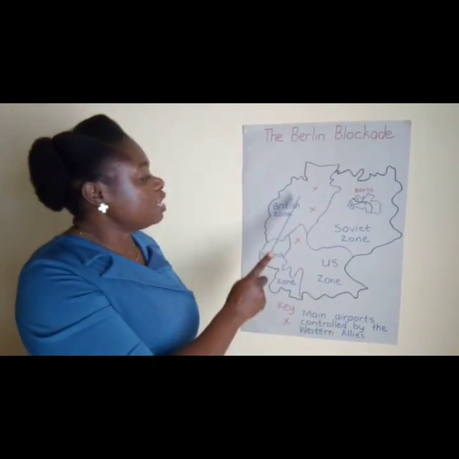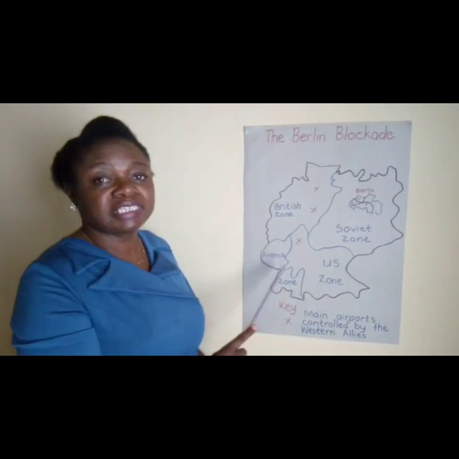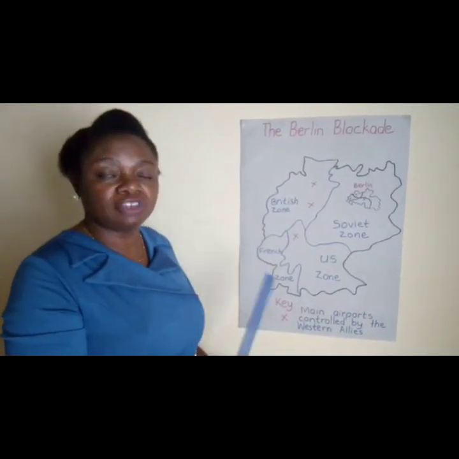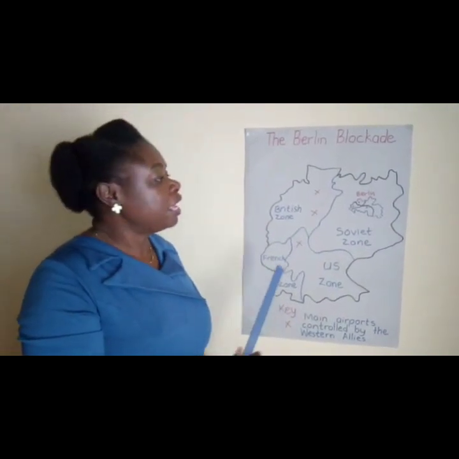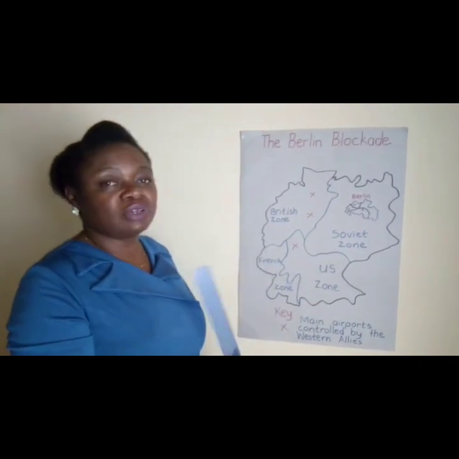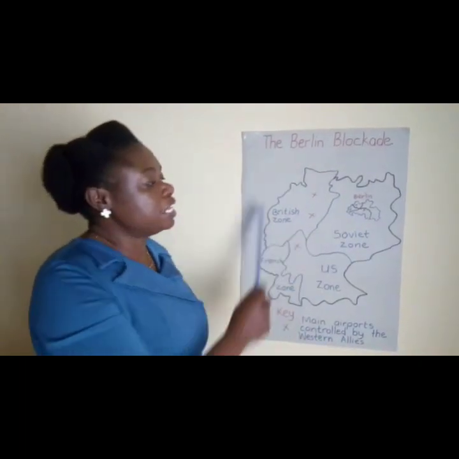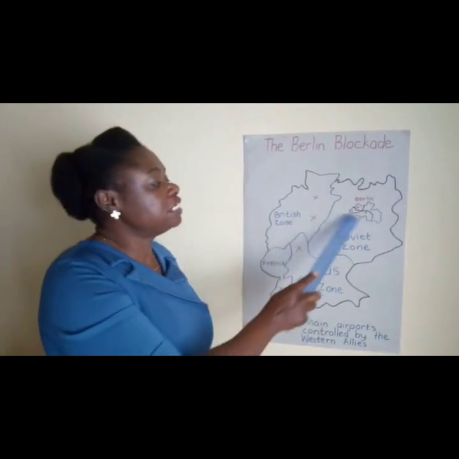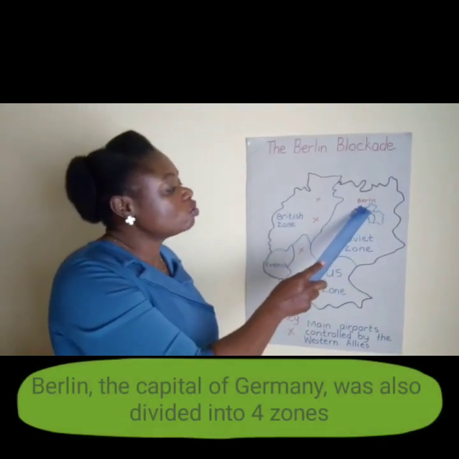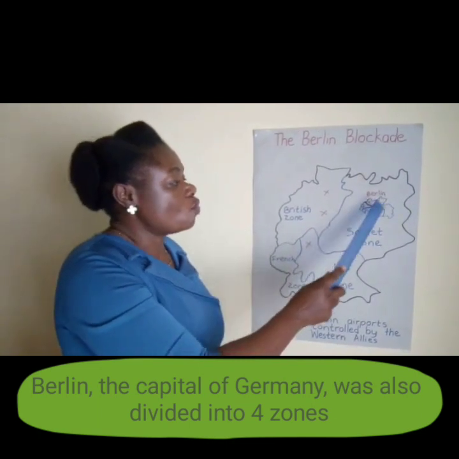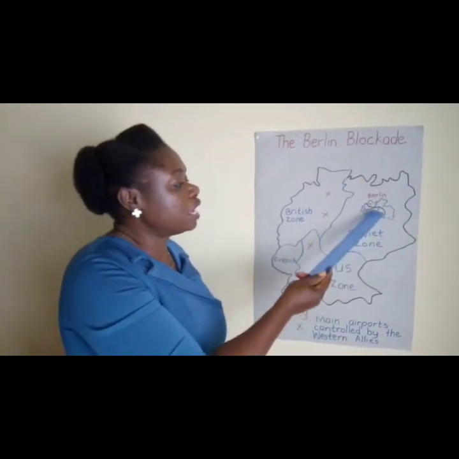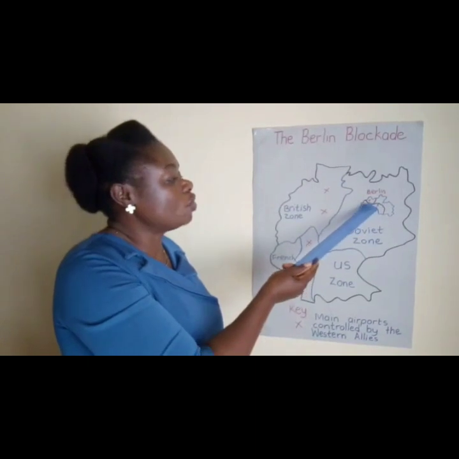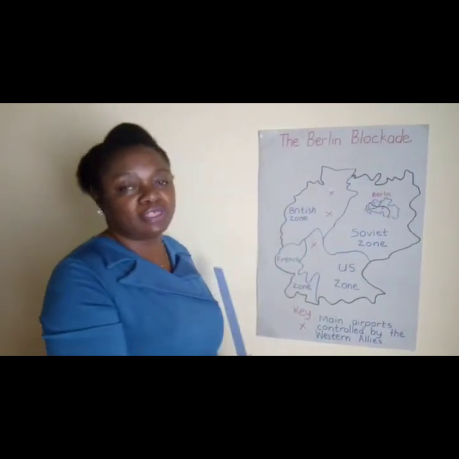Now, the capitalist powers started to develop their part of Germany. And remember, after the Second World War, not only Germany was divided into 4, but its capital city, Berlin, was also divided into 4, with the Soviet zone, American zone, French zone, and the British zone there.